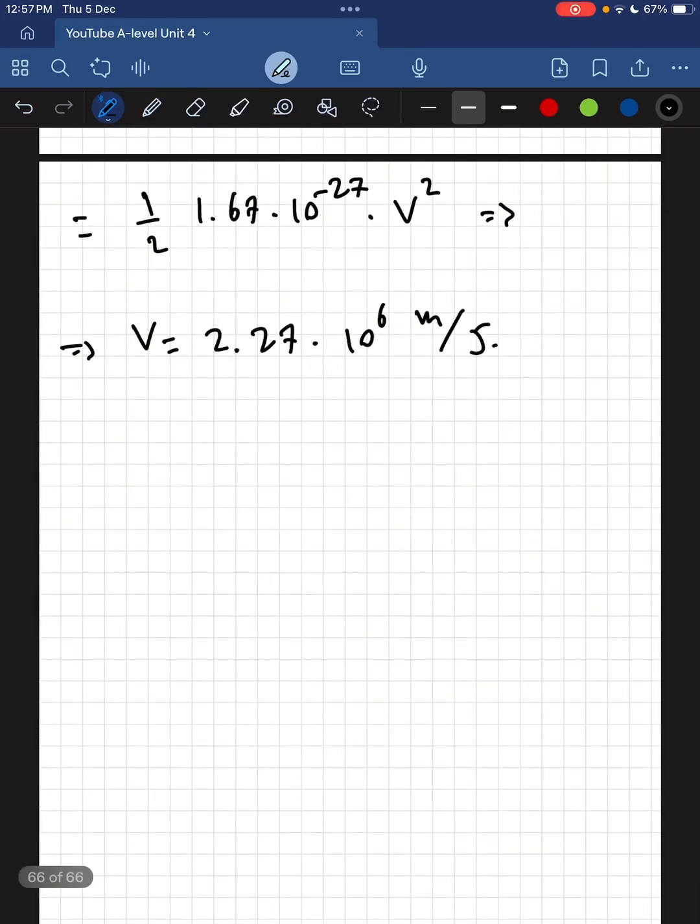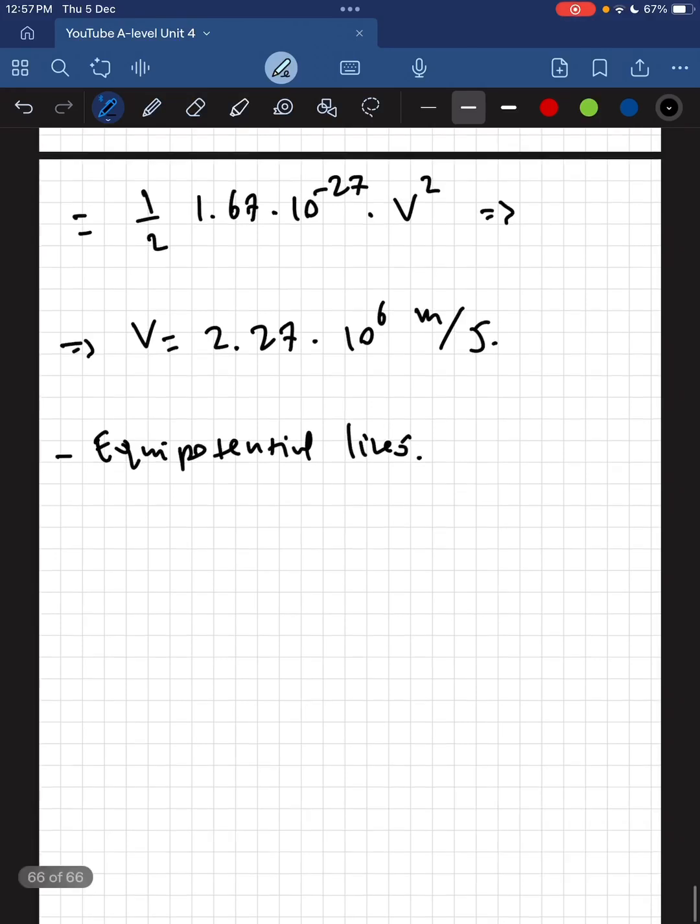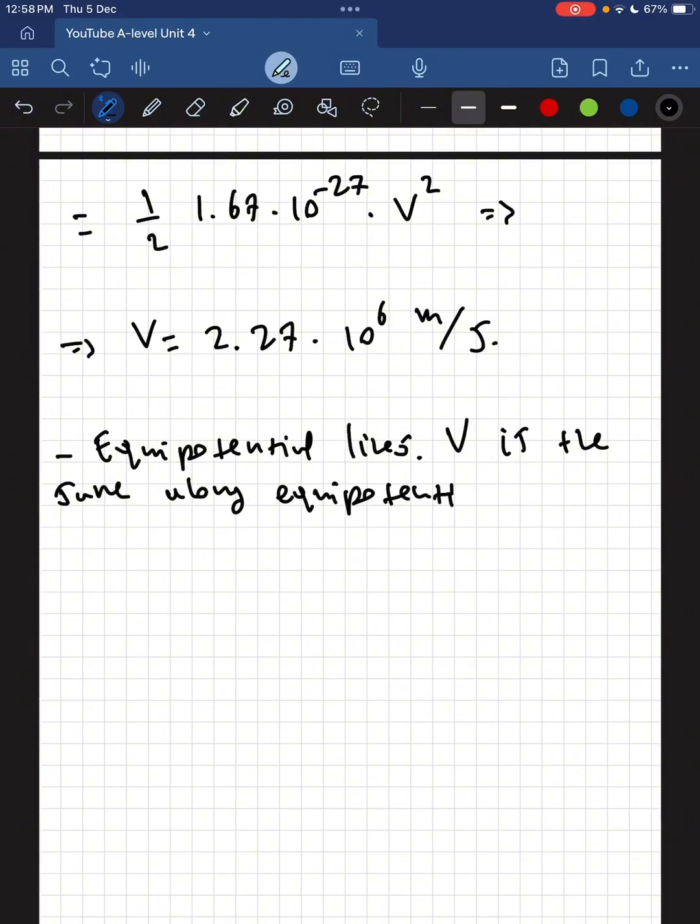Now, we talked about the equipotential lines, but let's write it down. Equipotential lines means that V is the same along equipotential lines. Equipotential lines are perpendicular to electric field lines.